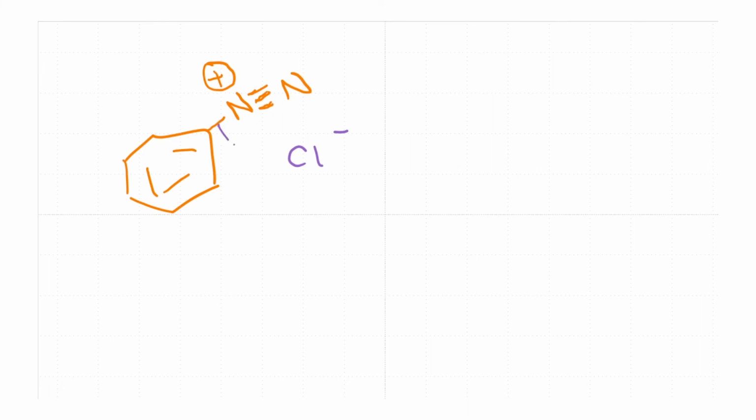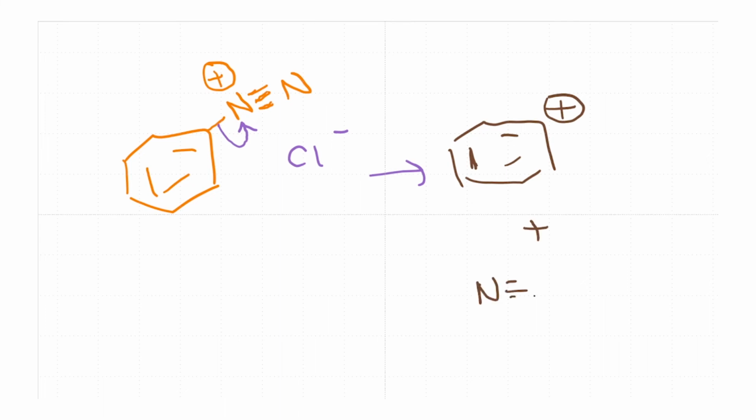So if you imagine that this can be kicked out like this, then the product that you have is the phenyl carbocation and the formation of N triple bond N, which is an extremely stable species.